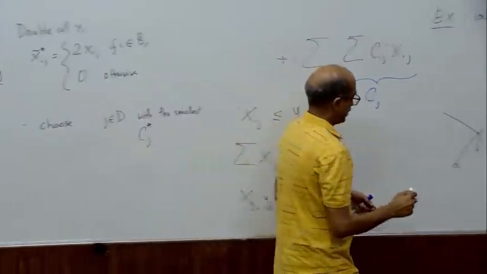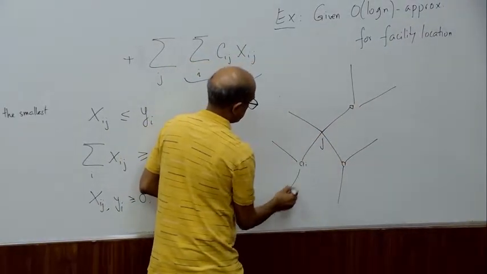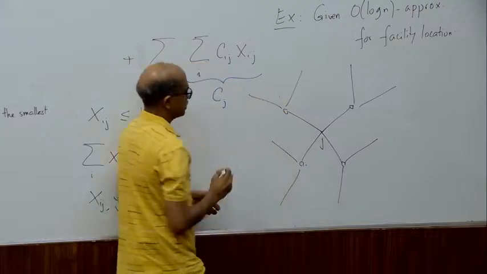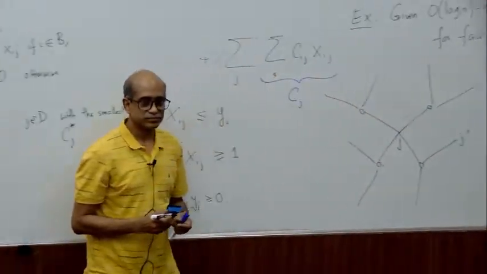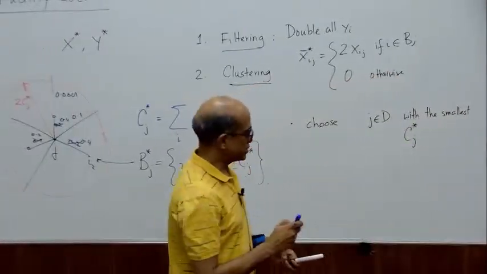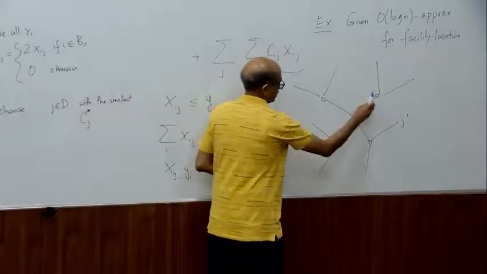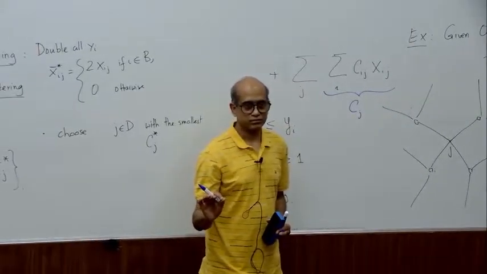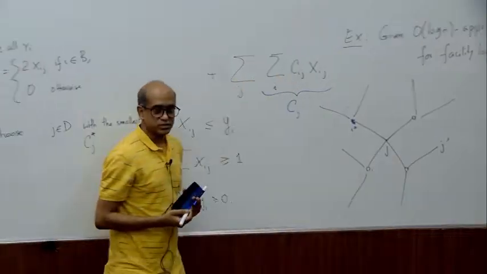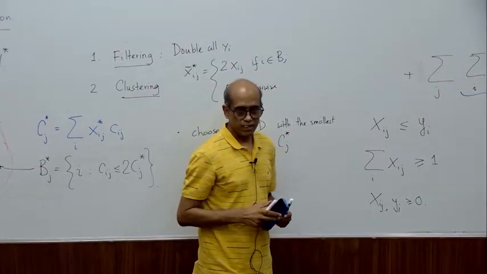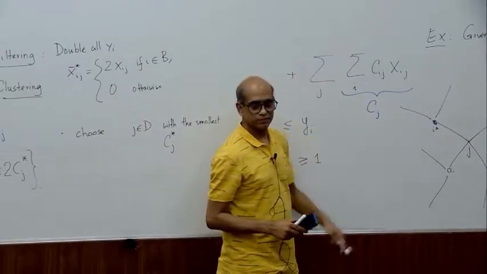Each of these facilities may be servicing more demands, some other j prime going here. Here's what I will do. Among these facilities, I'm going to open the cheapest one. Let's say this i star is the cheapest. I open that, and all these guys are going to go to i star.